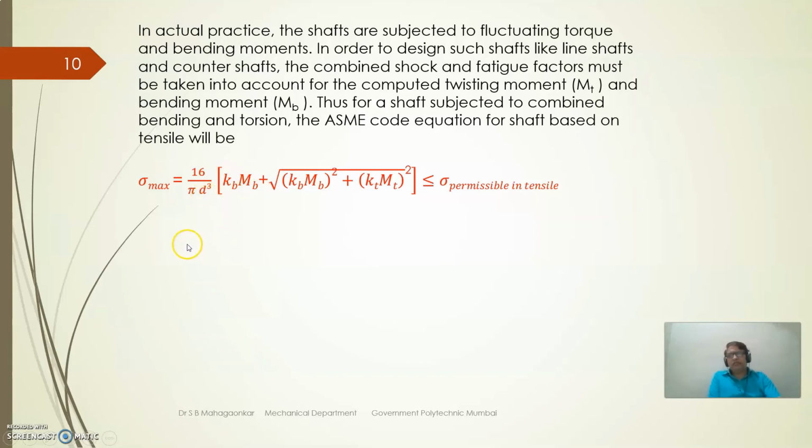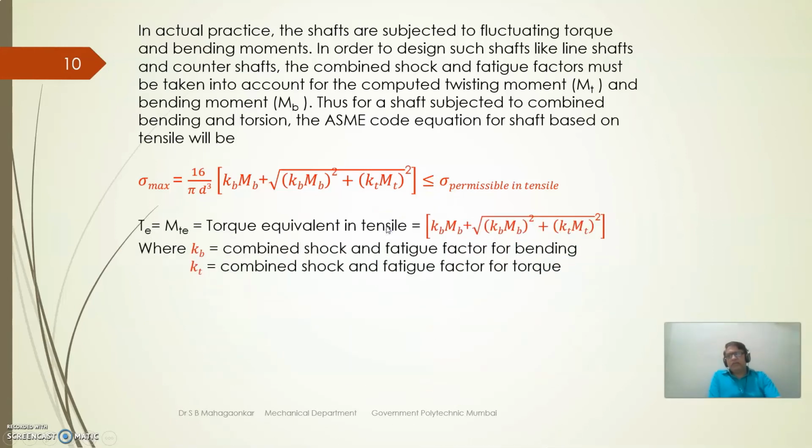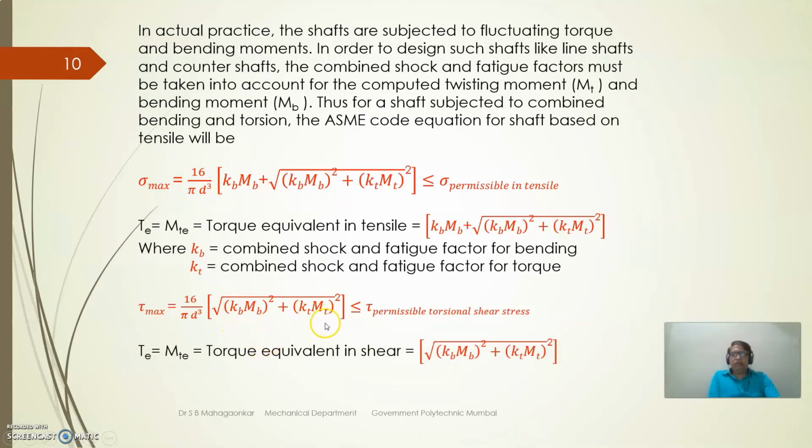So sigma maximum is equal to this, and it should be less than the permissible tensile stress. Here TE is called the torque equivalent in bending or tensile. Similarly, I can get the torque equivalent in shear. It is nothing but under root KB MB square plus KT MT square, where KB and KT are the combined shock and fatigue factors. Generally it is more than 1.